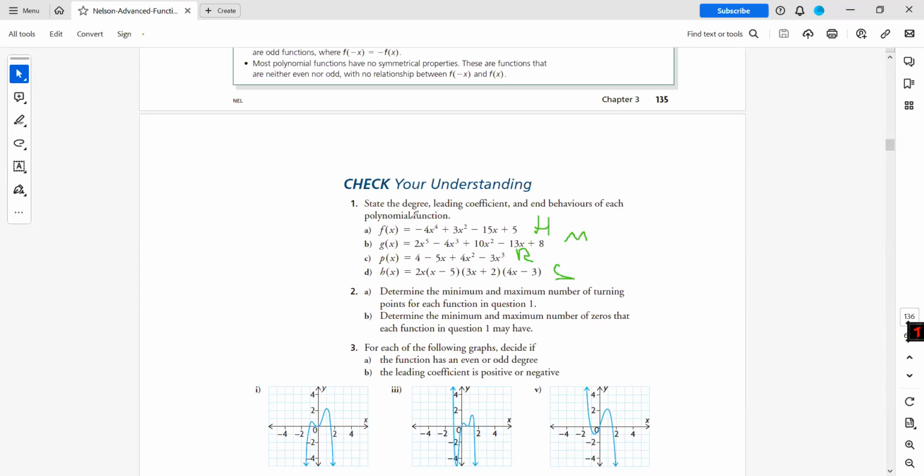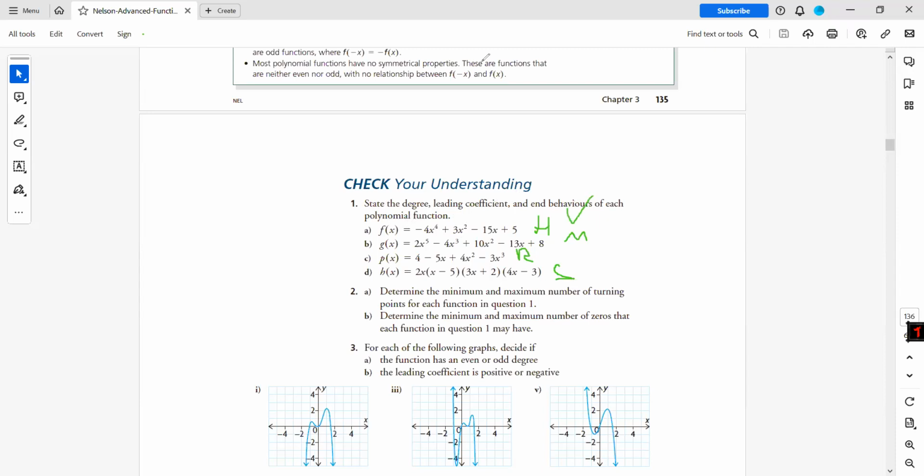Hala: Degree 4, coefficient -4, same end behavior because it's even. Absolutely right. But which direction would it be, Hala? It's the same end behavior, but is it positive or negative infinity? Down. Absolutely right. Good job, Hala. Thank you.